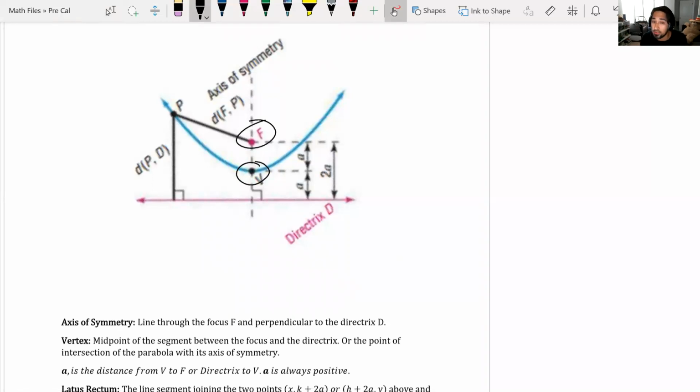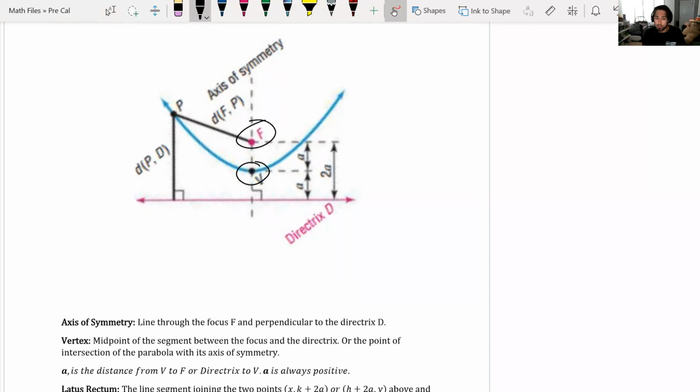So if the focus is above the vertex, the parabola will open up. If a focus is below the vertex, the parabola will open down. To the right of the vertex, opens right. To the left of the vertex, opens left. So you can get a lot of information if you just have the vertex and the focus.